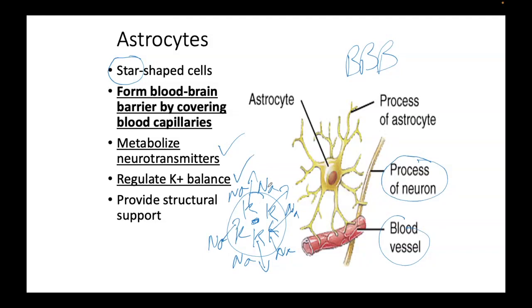Sodium rushes in, potassium rushes out. That's how electrical currents are created, and that's what also helps maintain the membrane potential, or the resting membrane potential, which you will learn is negative 70 millivolts.